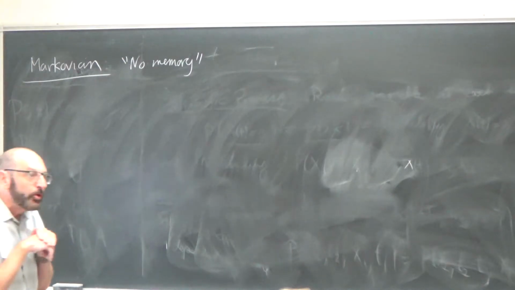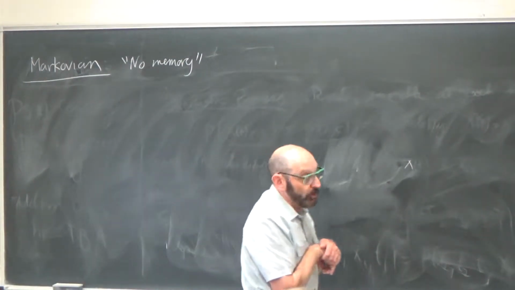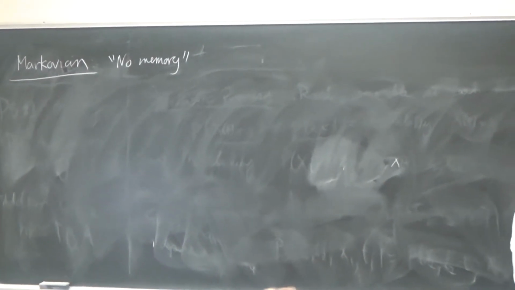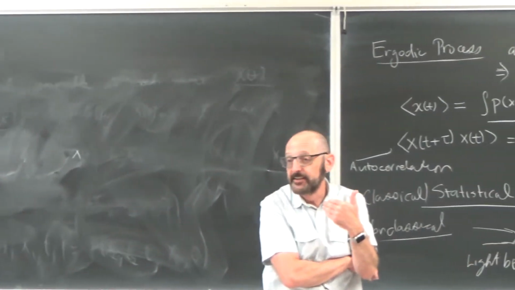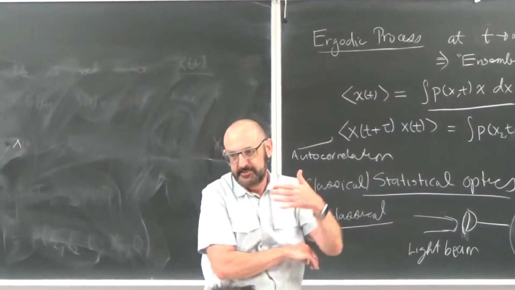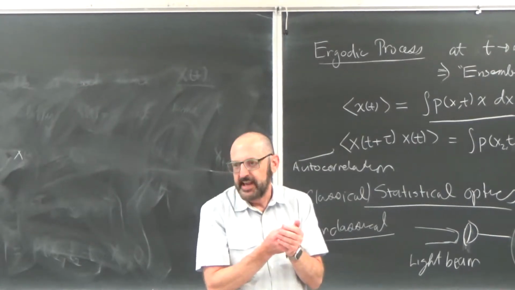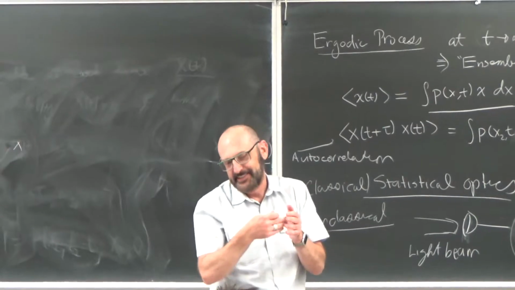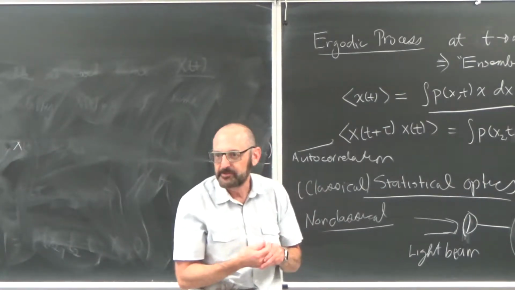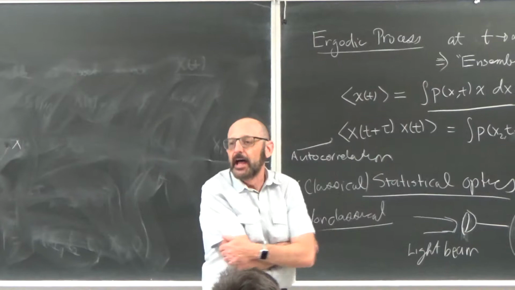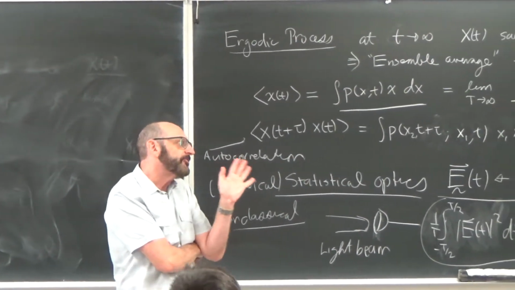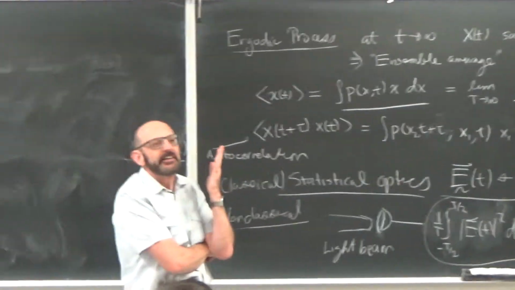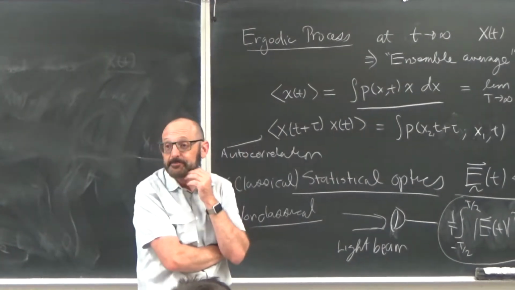I think in principle you could, and often you do, particularly in quantum experiments, where I would want to repeat the experiment over and over again with an identically prepared source, and then take from many, many sources the ensemble average, which in the limit of large number of samples would be that. But often when we're thinking about classical statistical optics, we don't bother, because most of the processes we think about, as we'll see, classically are ergodic.